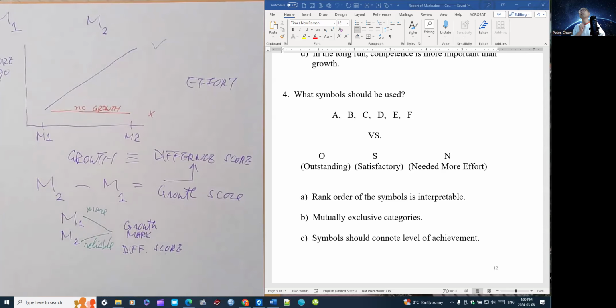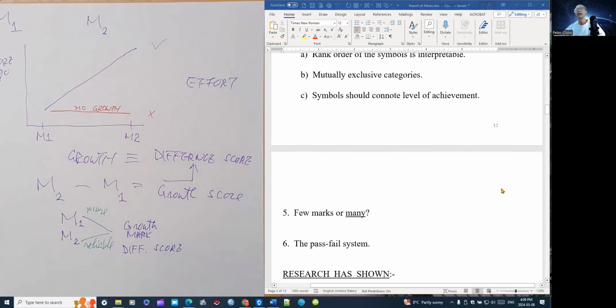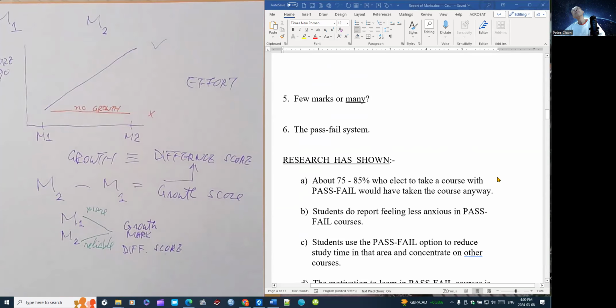And all those symbols, A, B, and so on to F, should connote the level of achievement if that is what is being reported. So the most important thing is mutually exclusive categories. You don't want them to overlap.